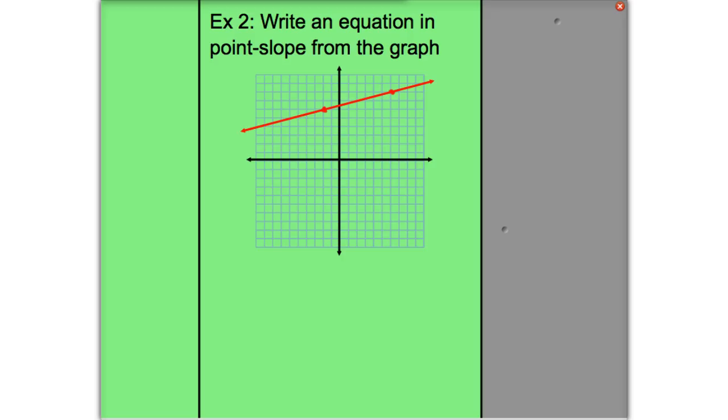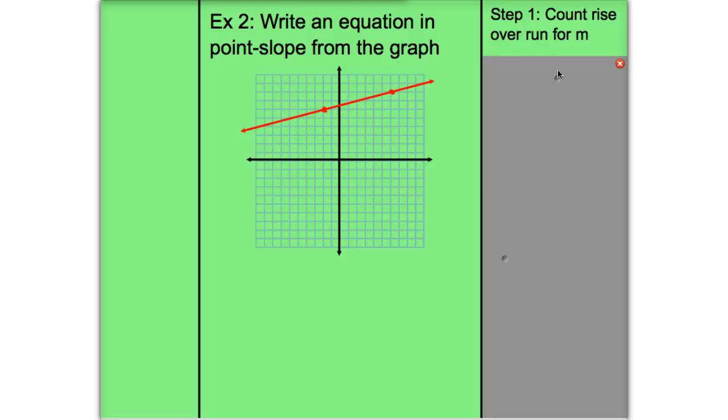We're going to see one more example of writing an equation, this one given a graph, and the steps are exactly the same as on the last one, except you have to figure out what the slope and the point are before you can substitute into the equation. When we're finding slope from a graph, we count rise over run. Make sure you remember rise over run and you don't get your slope upside down.